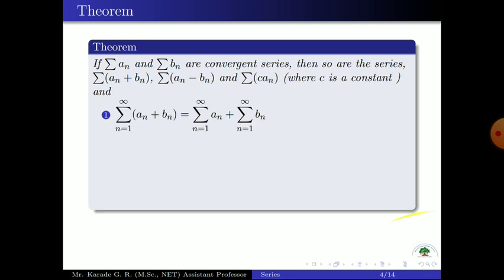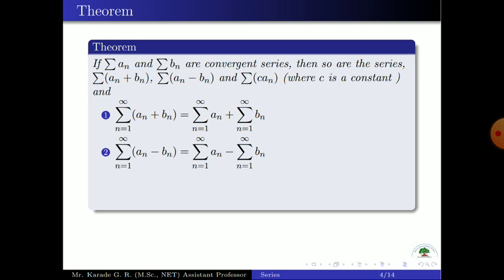And summation an plus bn is equal to summation an plus summation bn, meaning series an plus bn is equal to series an plus series bn. So this is the addition of two series.